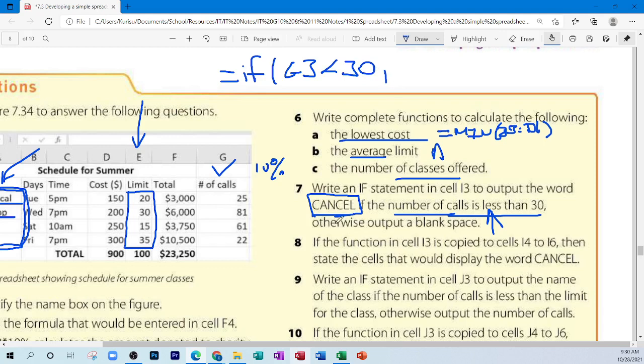Now we need our true value, which we already have as cancel. Comma, and then output blank. Now we can't just leave it like that to output blank. We must put our double quotation once again, and we put nothing inside to get blank. Because if we don't put this double quotation, anybody remembers what we get?